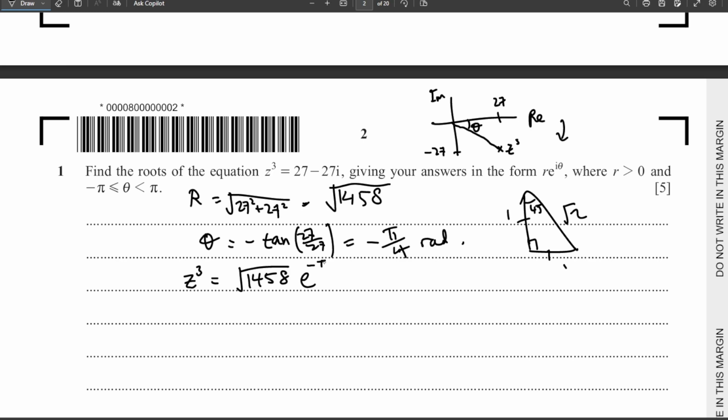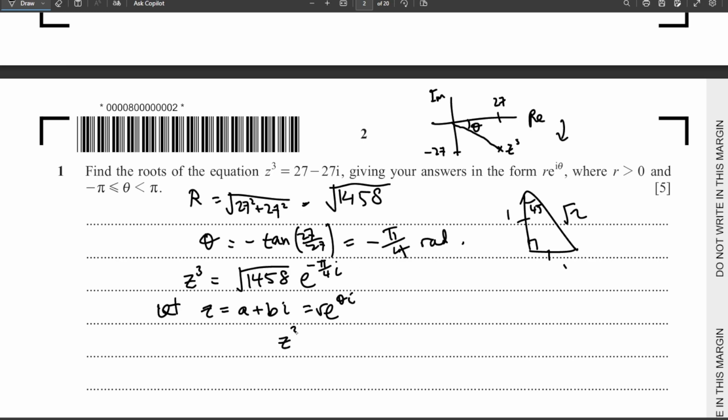We know z cubed can also be presented using de Moivre's theorem. Z is going to be a complex number, so let z be a plus bi, and therefore it's also in the form r e to the power of theta i.